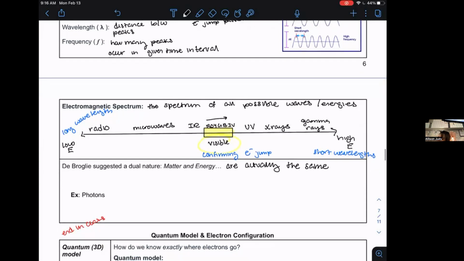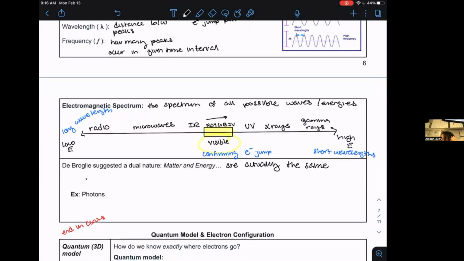Essentially, right? We call this wave particle duality. Okay, that waves have particle characteristics and that particles have wave characteristics.